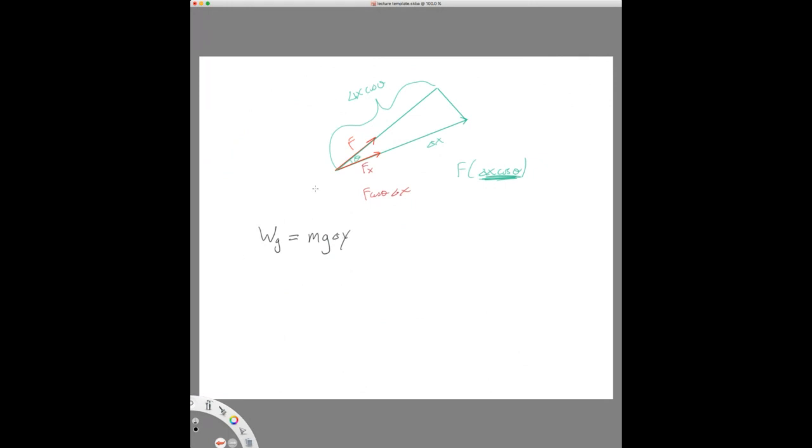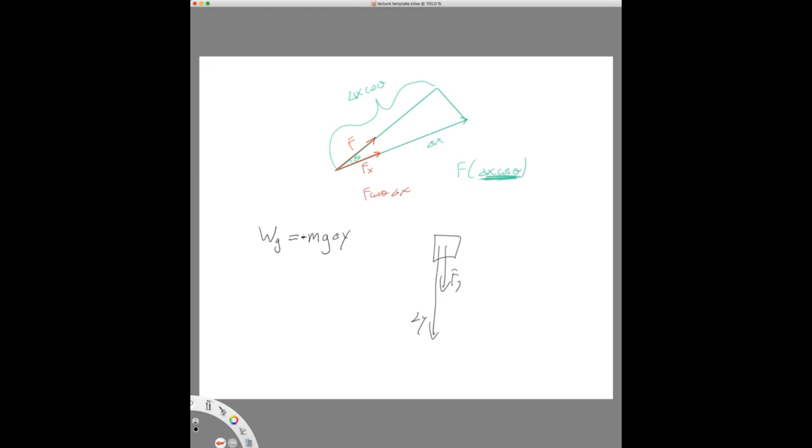The only problem with this expression is that normally we're used to calling delta y. So here's my object, here's the force of gravity, here is delta y. Delta y would be a negative number in this picture, but the work done by gravity doesn't have a negative number in it because these are pointing in the same direction.